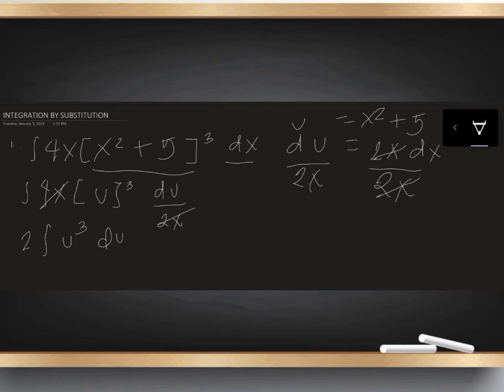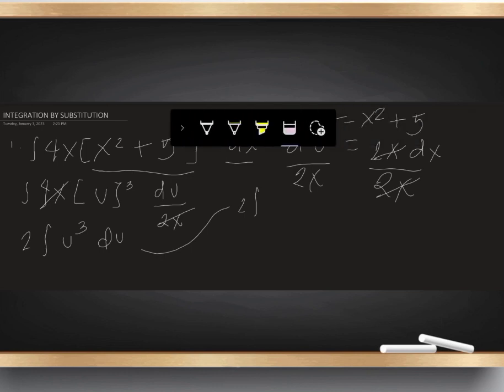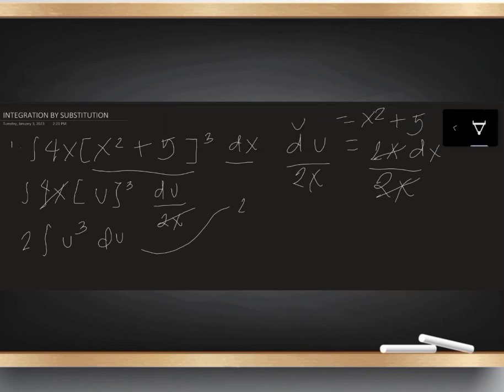What we need to do next is simply apply the power rule on u raised to 3. So we have 2 times u raised to 4 over 4.